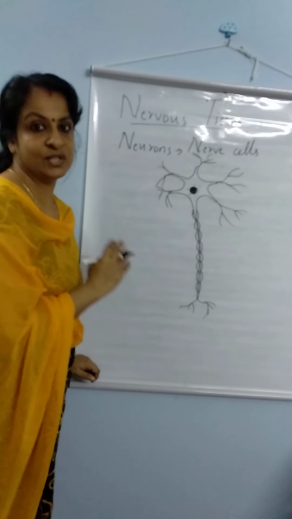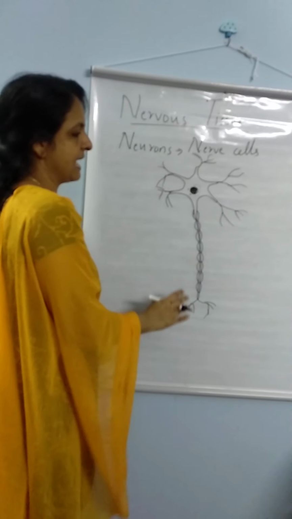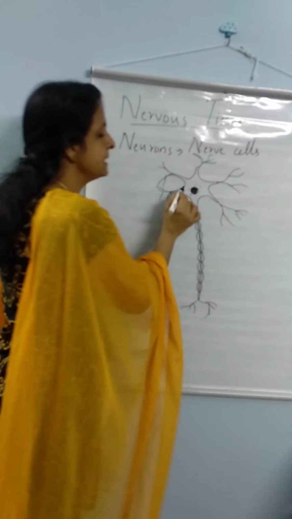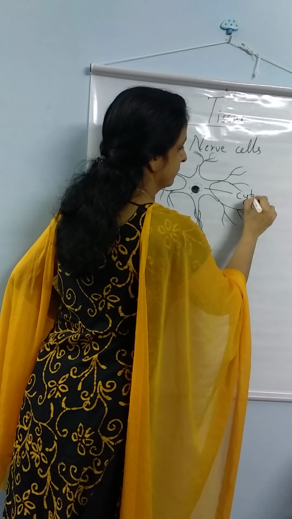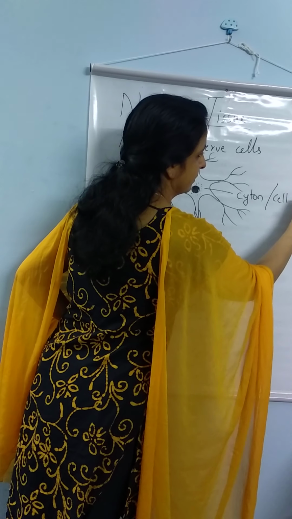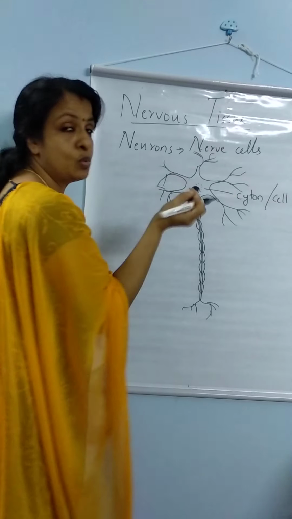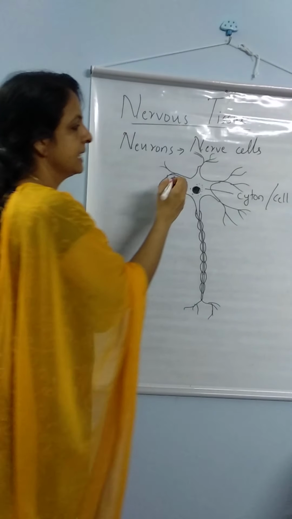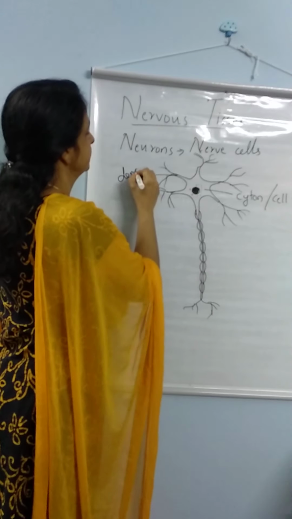So this is the structure of the neuron. It's very important. A neuron has three main parts. This part having the nucleus is called the cytosol, also called the cell body. From the cell body arise numerous short branches called dendrites.